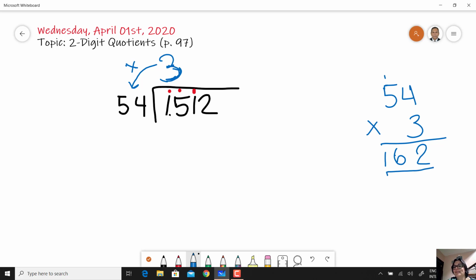Can you use 162 in here? 162? No, right? Because 162 is greater than 151. So that means that in here we have to use a number that has to be less than 3. So let's try with number 2. But let me erase then this one.